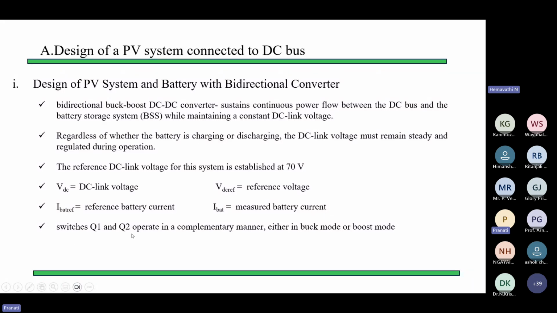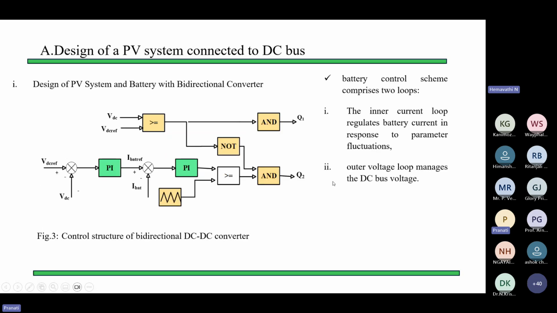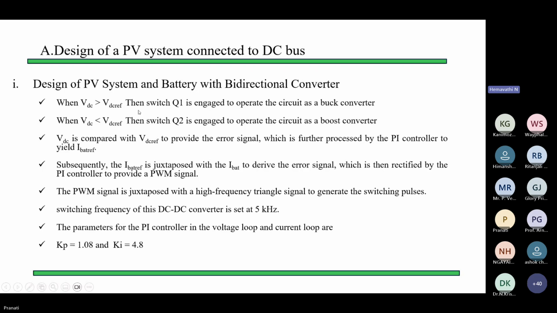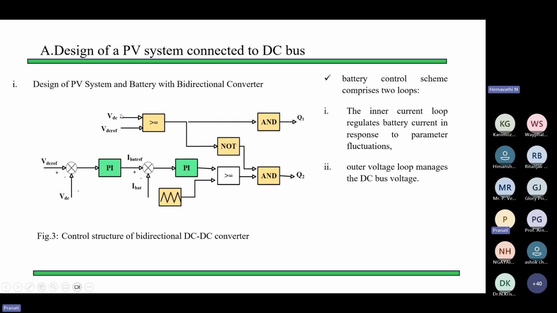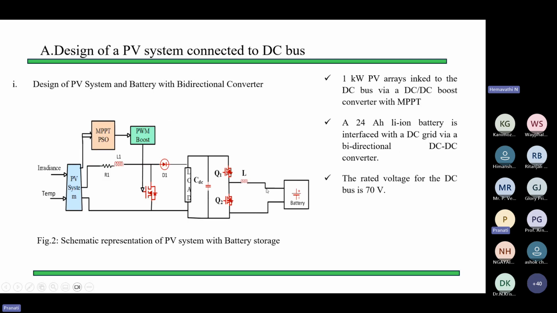Now, Q1 and Q2 are the switches which operate in complementary mode, either buck mode or boost mode. Any one of the switches will operate at a time. Then the design of the PV system and battery with bidirectional converter. We can see from the control logic that if VDC is greater than VDC reference, then the Q1 switch will be connected and it will operate the circuit as a buck converter.